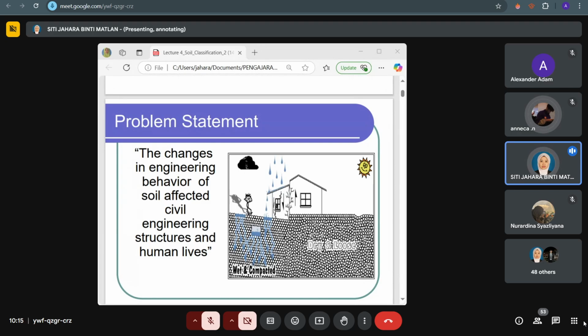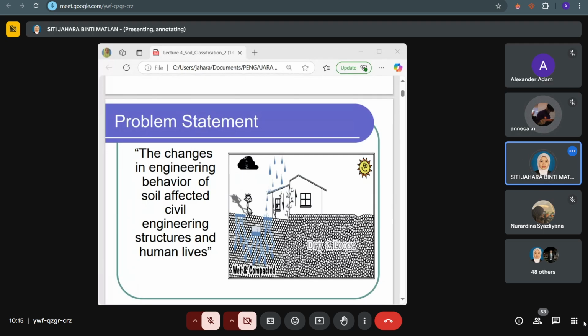These changes can cause structural damage to buildings, foundation failure, soil settlement or swelling, and also landslide and erosion.